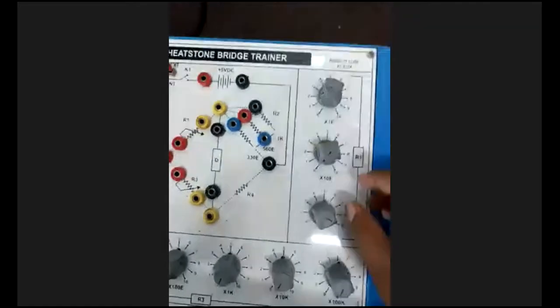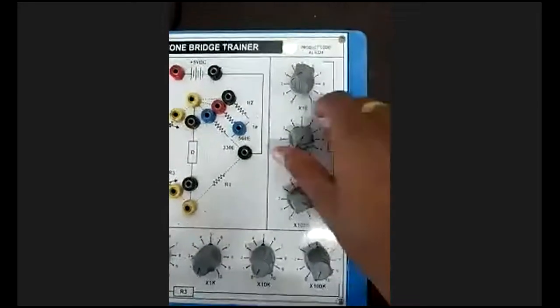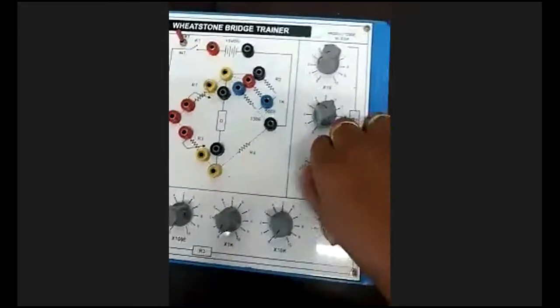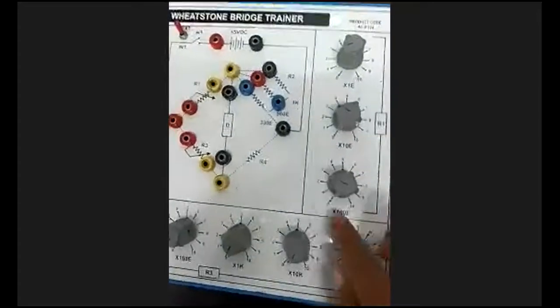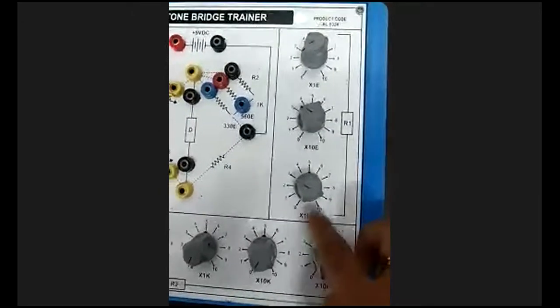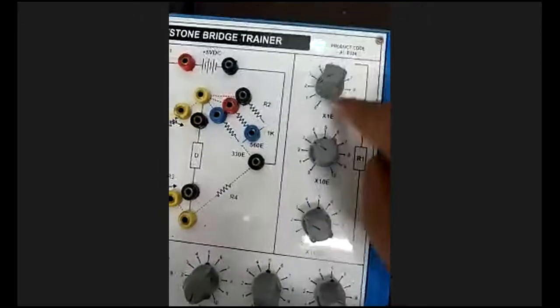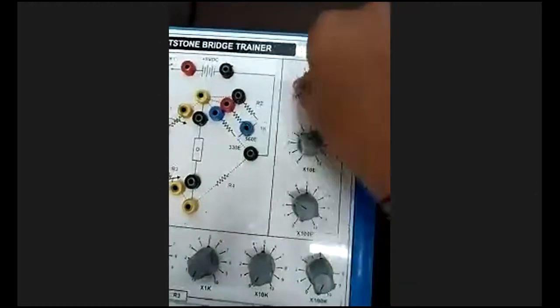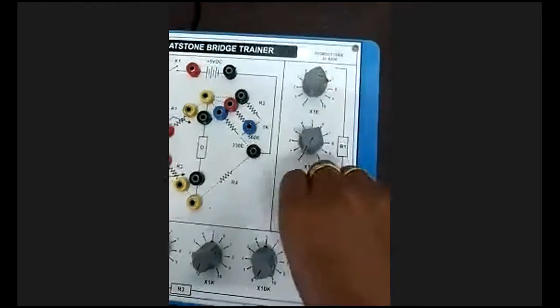Like that, here 10 is there. So 5 into 10, 50 ohms. And here I will increase this one to 2. 2 into 100, that is 200, plus 50, plus 3, 253 total. We have to count like this. This is the variable resistance R1.